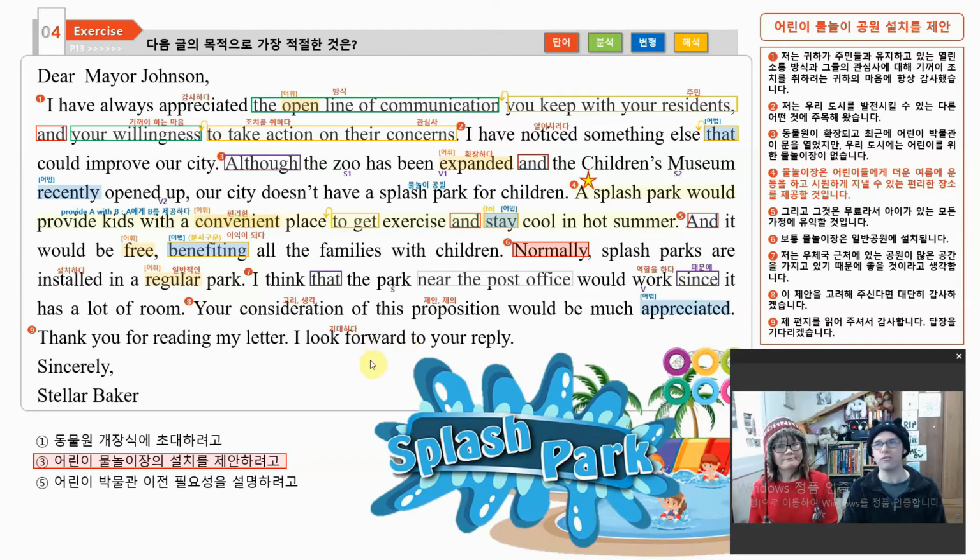I do remember the zoo is mentioned in the letter. It says, although the zoo has been expanded. Recently it has been expanded, right? But that doesn't mean inviting people. So the purpose of this letter is not to invite people to the zoo. It only mentions that the zoo got bigger.